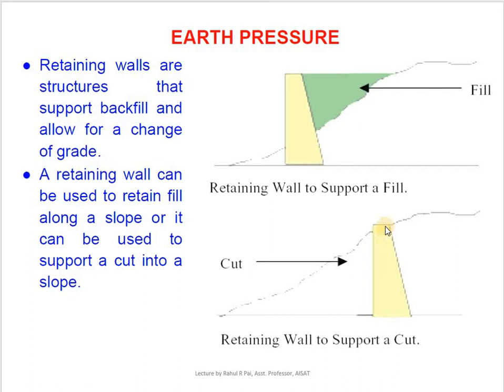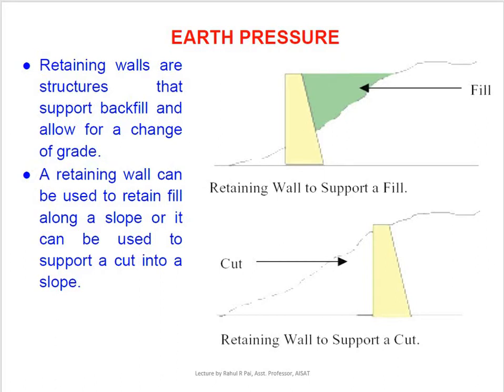Similarly, whenever you make any cut for any purpose, you are cutting this huge soil mass, this huge slope, and you want to have a railway line in between these two slopes, and you can't keep a safe slope because the space is restricted. So in that case you will construct a retaining wall. So this is a natural thing. If you are traveling by road or rail, you might have seen a lot of retaining structures, earth retaining structures.